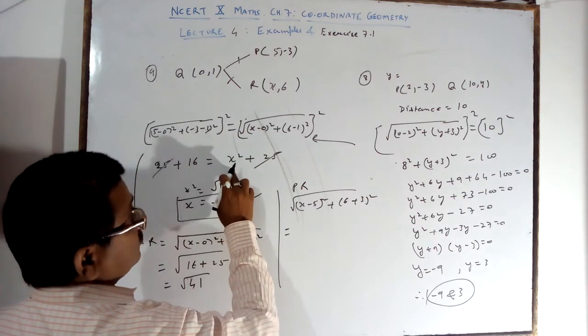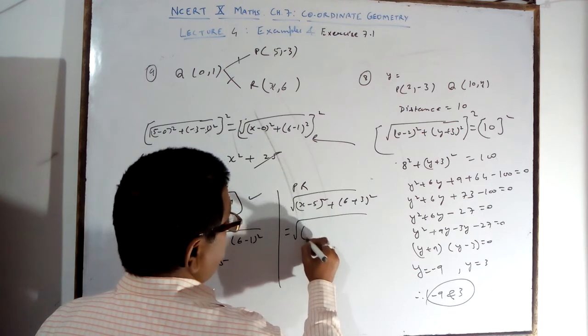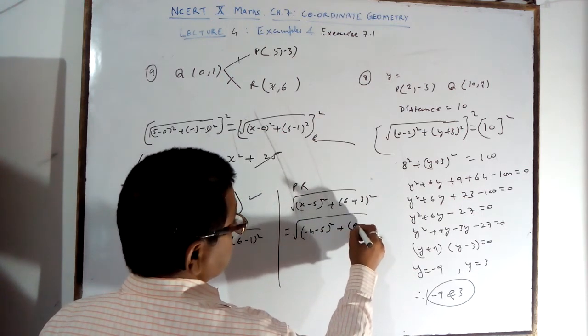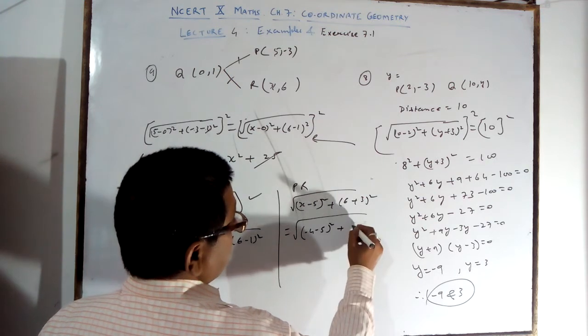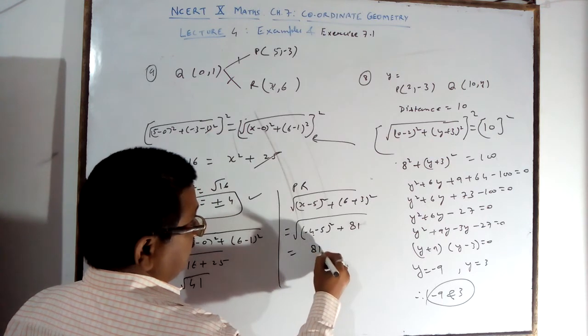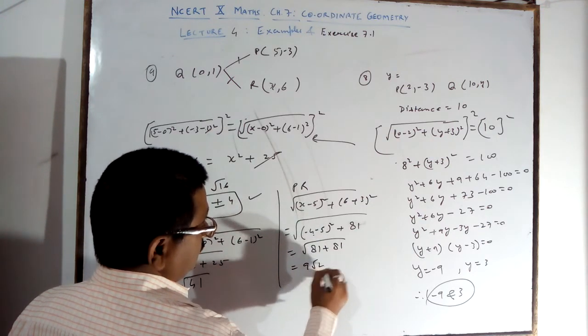So two answers you will get. One time if the x is minus 4: (minus 4 minus 5) whole square plus (minus 6 plus 3) squared, 9 9 is 81, plus 81, you will get 9 root 2.